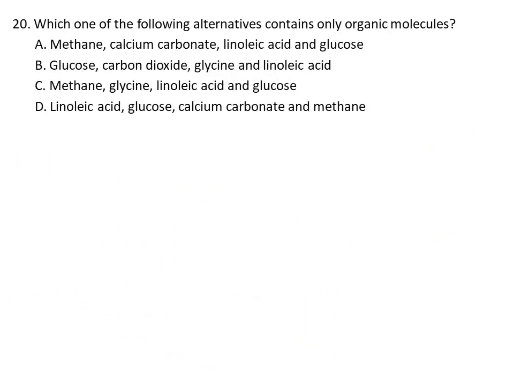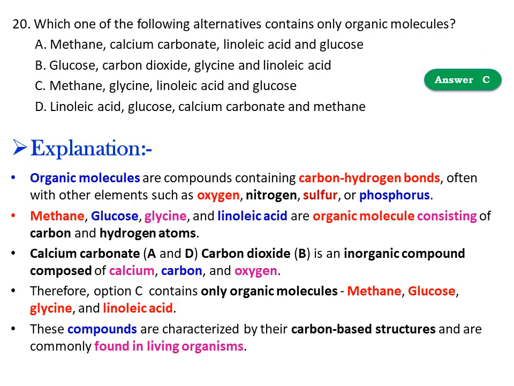Question number 20. Which of the following alternatives contains only organic molecules? The answer should be C: methane, glycine, linoleic acid, and glucose. Organic molecules are molecules that contain carbon-hydrogen bonds, often with elements like oxygen, nitrogen, sulfur, and phosphorus.